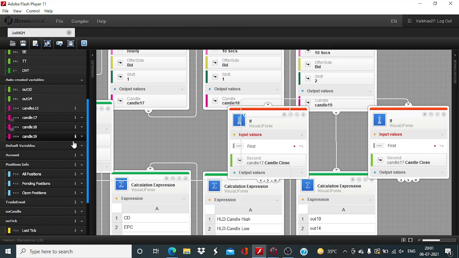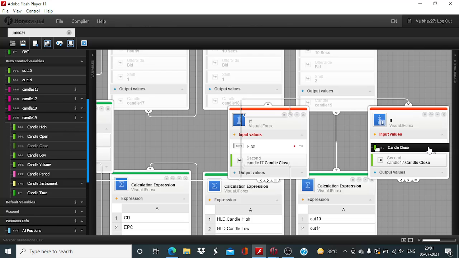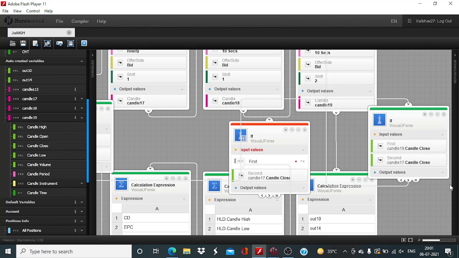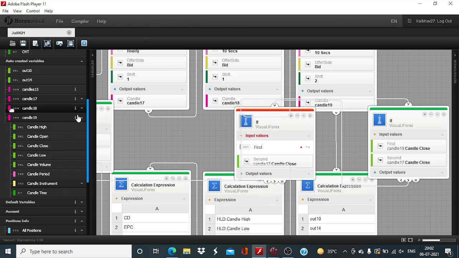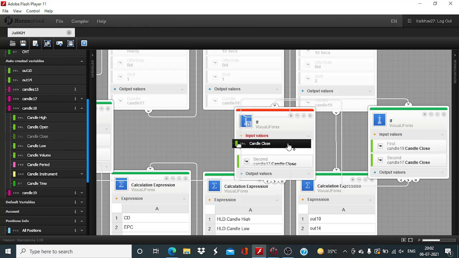Candle 19 should have closed higher. So first input greater than second input. Okay. And candle 18 candle close will need to be lower.